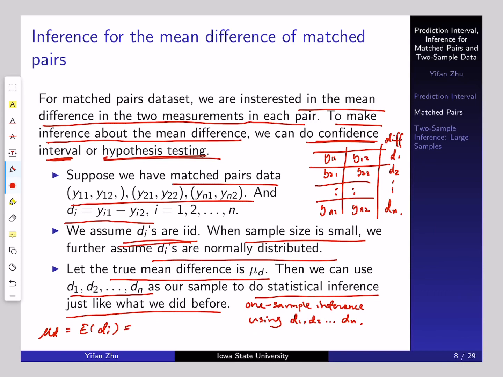So it is actually also the difference of the means, because by the linearity of the expectation, it is the expected value of Y1 minus the expected value of Y2. So it is also mu1 minus mu2. So the mean difference and the difference of the means are the same thing for the matched pairs data.